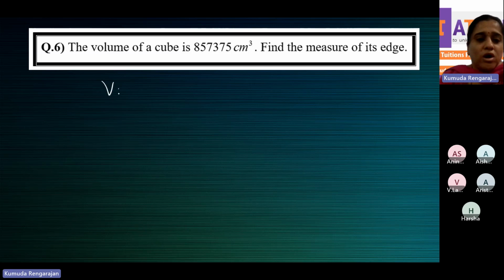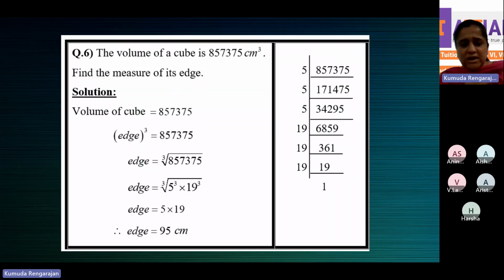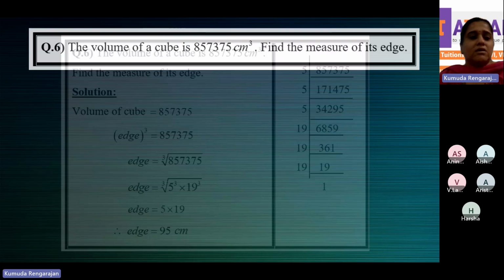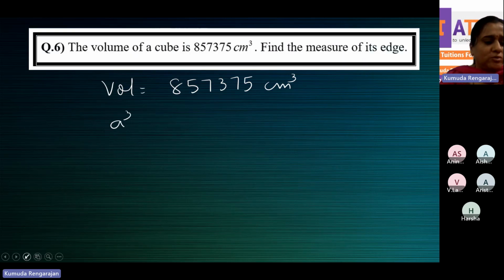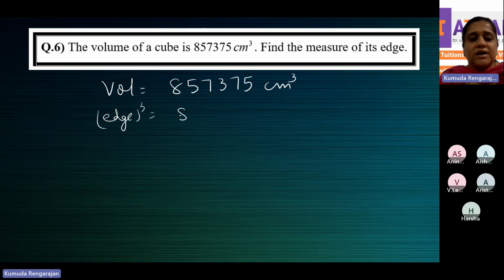So what is given here? Volume is equal to 857375 centimeter cube. And what's the formula to find the volume? Edge, the whole cube, or a cube, whatever. So edge, the whole cube is equal to 857375.